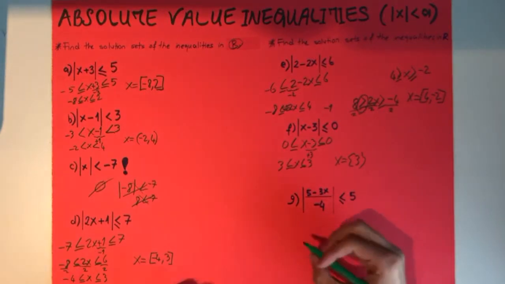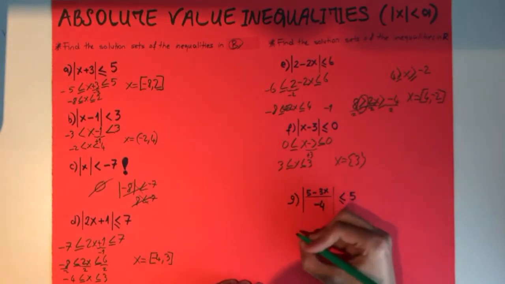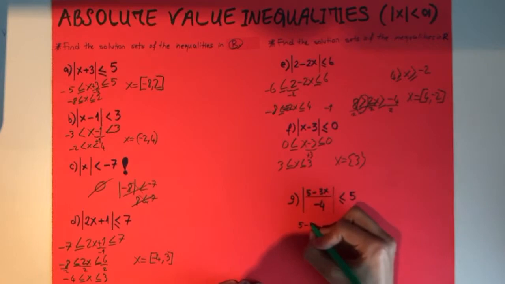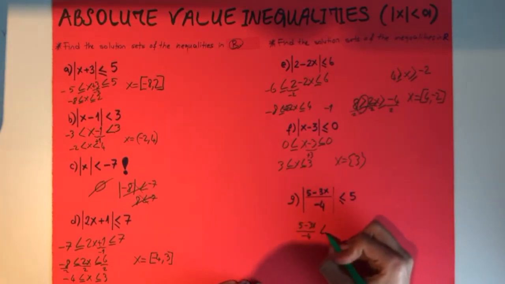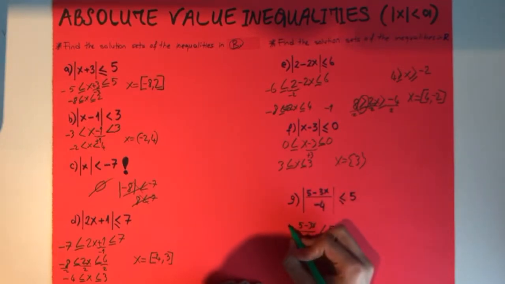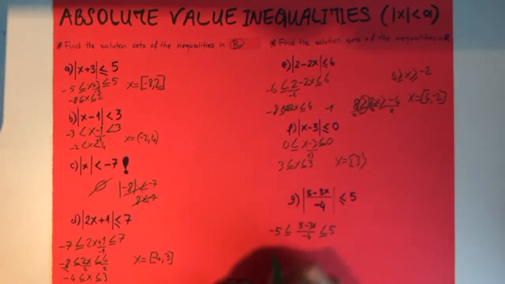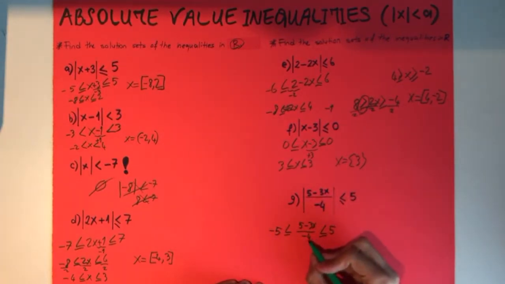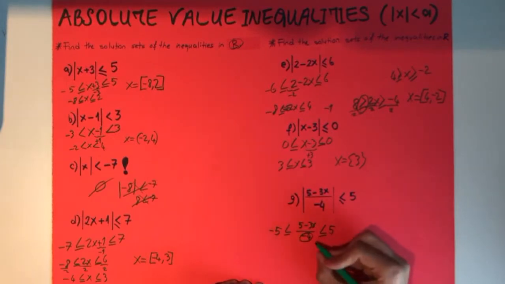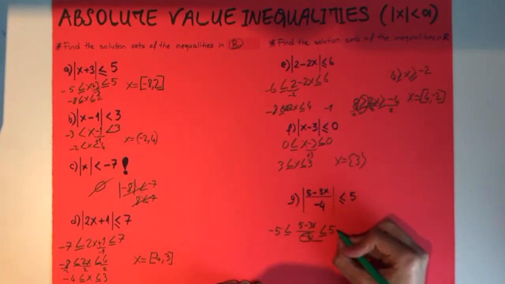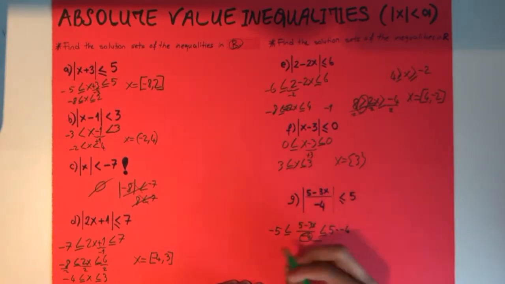So the last question, G, is the hardest of them all. We are doing the same thing again, but this is a bit hard. Minus 5. To get rid of this minus 4, we must multiply both sides by minus 4.